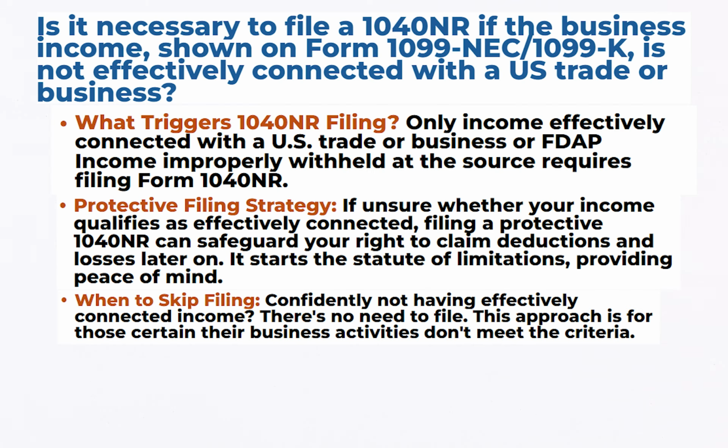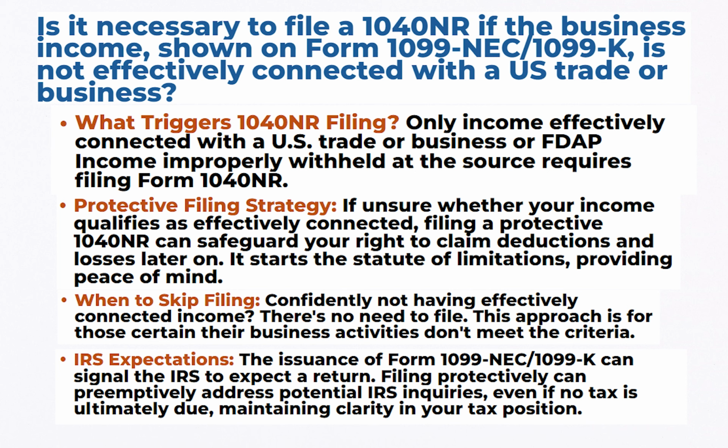All right. So we've talked about when to skip filing: if you're confidently sure that you do not have effectively connected income, then there's no need to file. Now let's go to what a 1099 NEC and 1099K does in this situation.